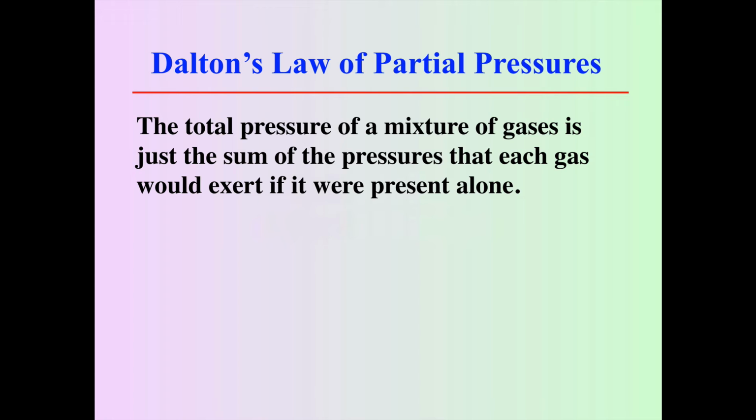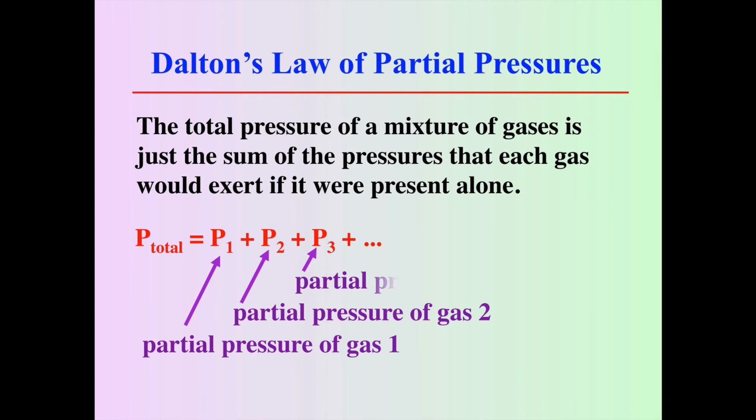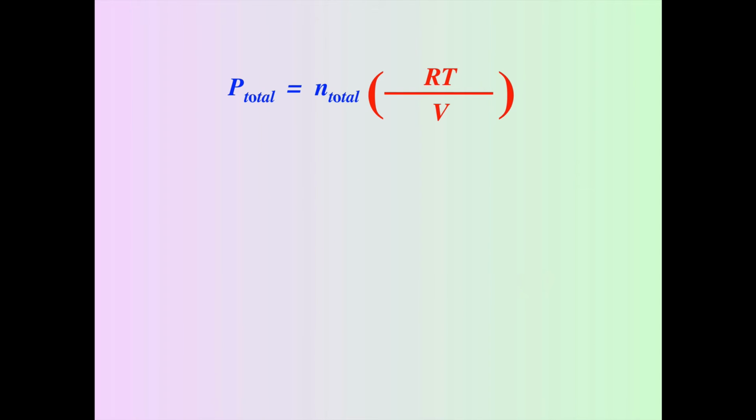Since gases mix evenly and no gas is different than another, if we're treating gases in an ideal way, the pressure of one gas plus the pressure of another gas plus the pressure of a third gas will add up to be the total pressure in the container. As long as the temperature and the volume are constant, I can treat moles of gas like pressures of gas.